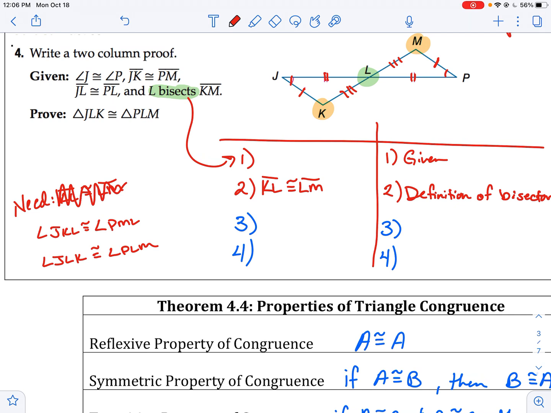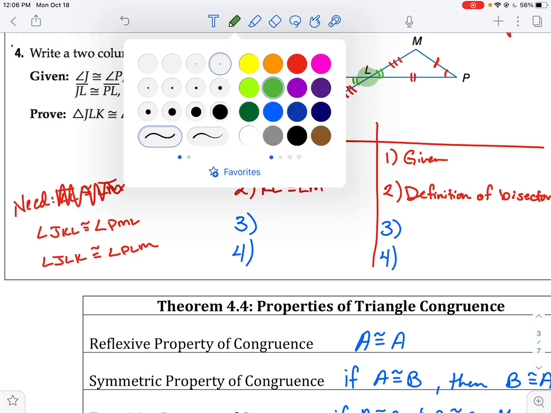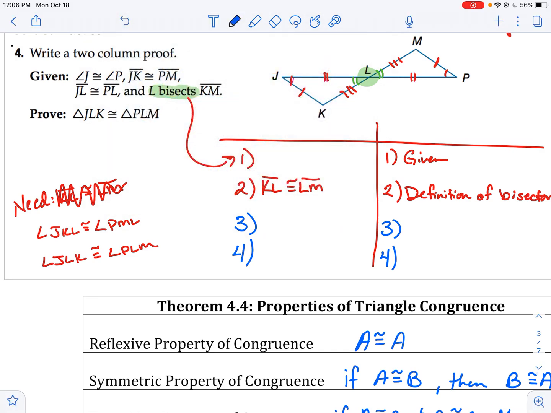Now I need JKL is congruent to PML. All right, I don't know if I can do that one yet. Let's try this last one, JLK. That's the one in the middle. How can I prove that these two angles are congruent? Well, I can show those are congruent because they're vertical angles.